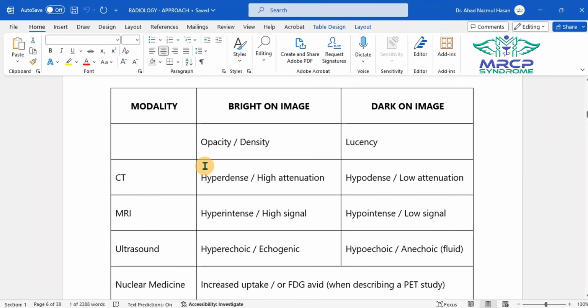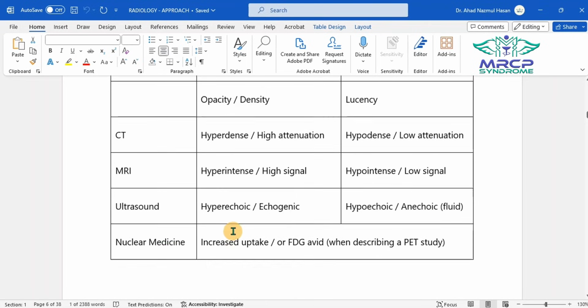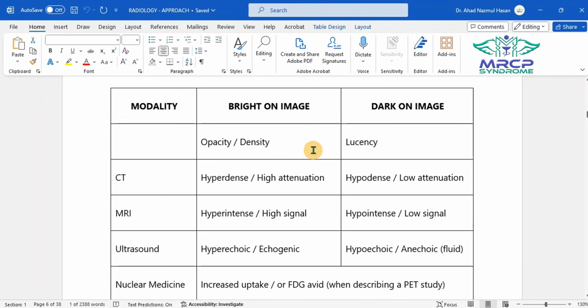So here is a long list of modalities, and the left side will appear as bright image, that means all of them will appear as white, and the darker image, all the right components, will appear as black.